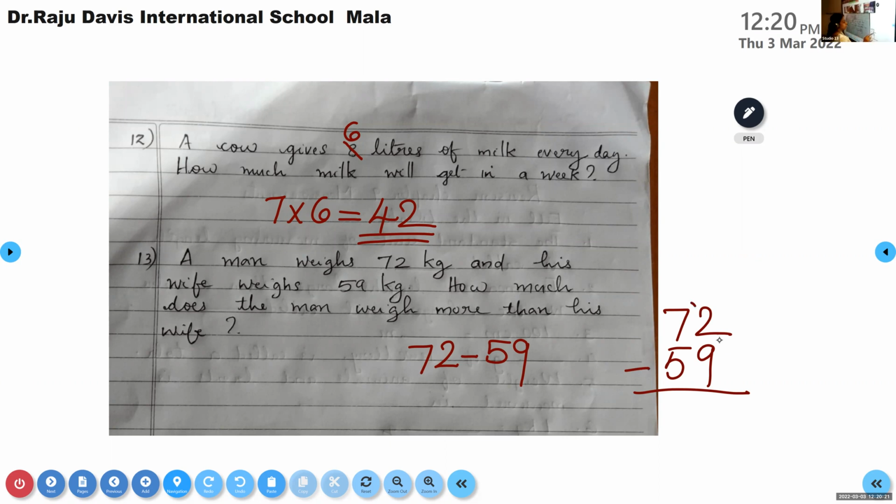No. So here, borrowing, 2 will become 12, 7 will become 6. What is the answer? 13 kilograms. So the man weighs 13 kilograms more than his wife. 13 kilograms.